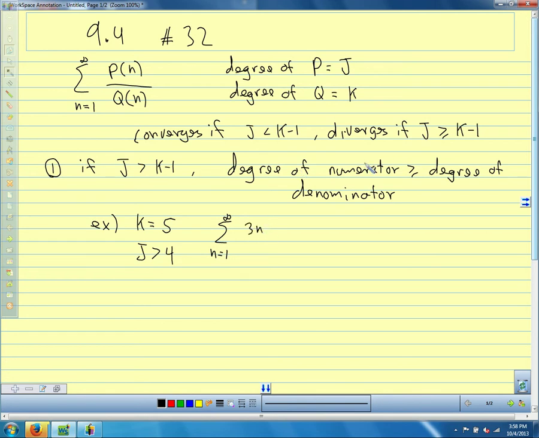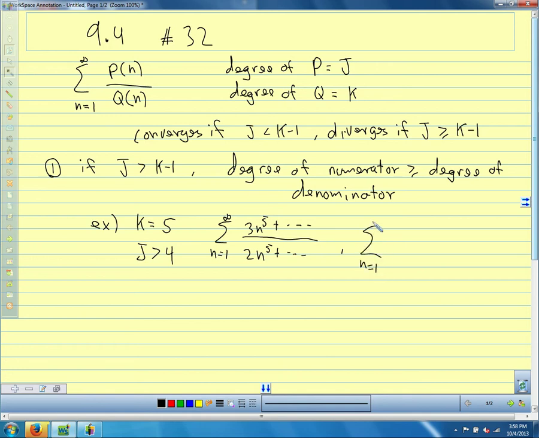If j is greater than 4, it could be n to the fifth plus our other terms of our polynomial over 2n to the fifth. The degree of our denominator is 5. Or the degree of our numerator could be larger.